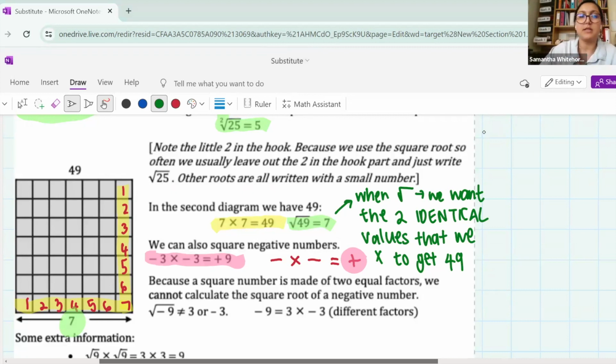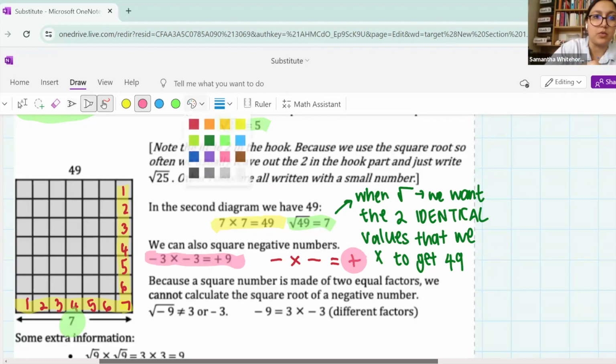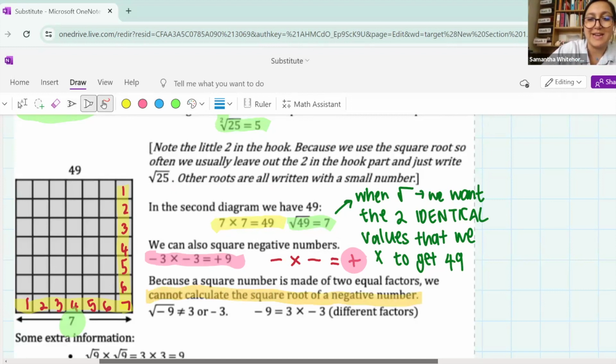Now, because of this, we cannot, and this is so, so important, often people forget this, we cannot calculate the square root of a negative number. And the reason for that is because in order for us to get a negative value when multiplying two numbers, I would have to multiply a positive and a negative. And those values are then not identical.